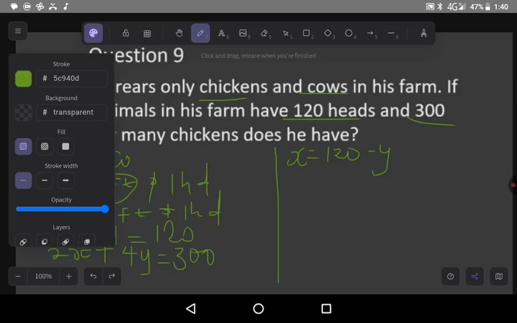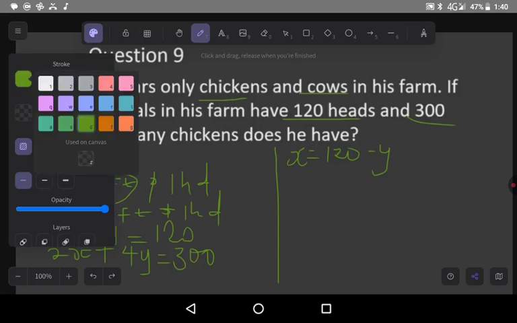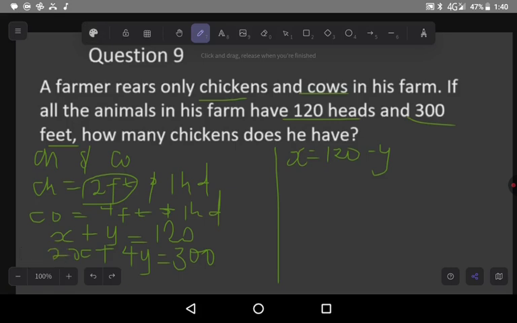Now let's go over to the second equation and apply it. See the second equation here, right?